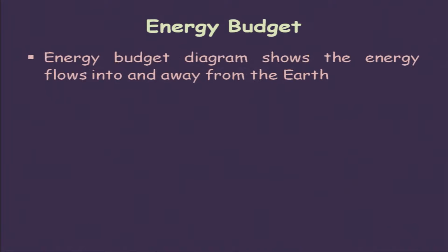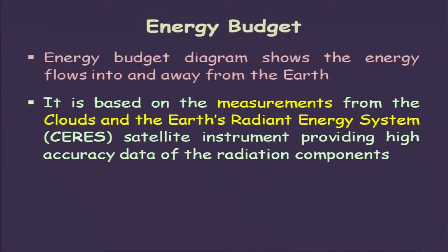Energy budget diagram shows the energy flow into and away from the earth. It is based on measurements from the Clouds and the Earth's Radiant Energy System, CERES.